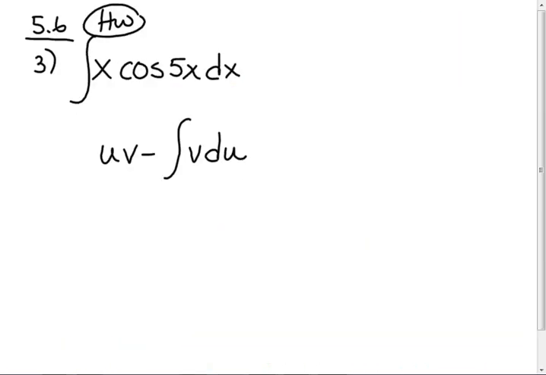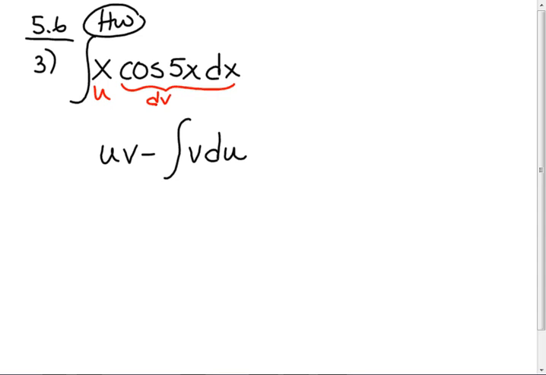So u is x, then this is dv, right? No? That would be even harder, because then what's the derivative of x times cosine 5x? I have to use the product rule.